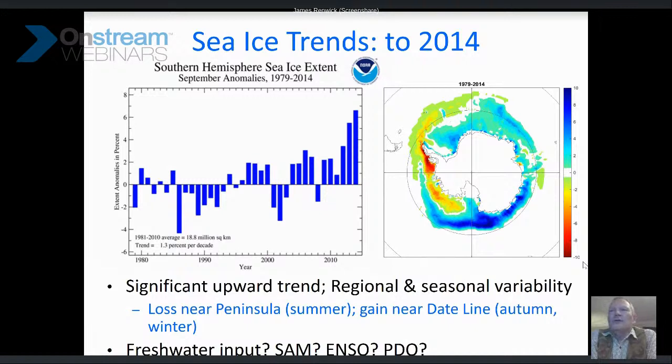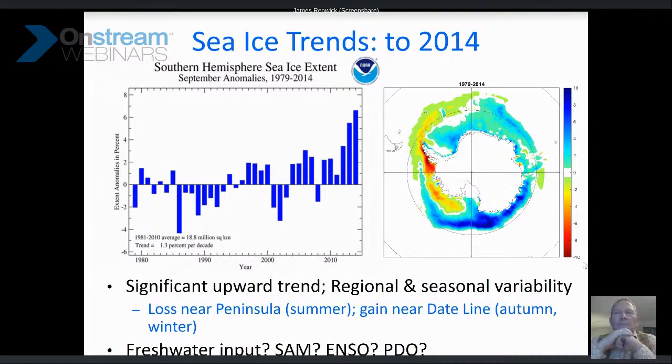So the plot on the left, which comes from the NOAA State of the Climate Report group in the US, shows difference from average, which is the 1981 to 2010 average, which was just under 19 million square kilometres. The percentage difference from that year by year for September.